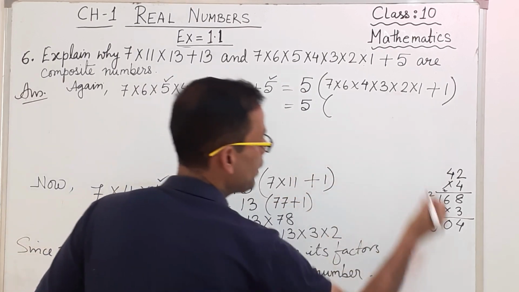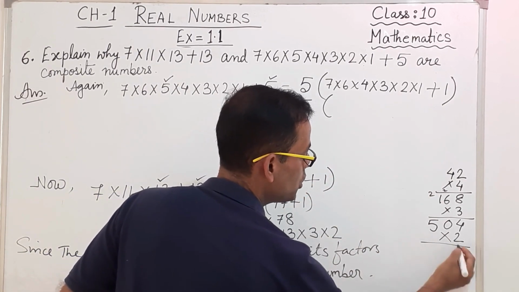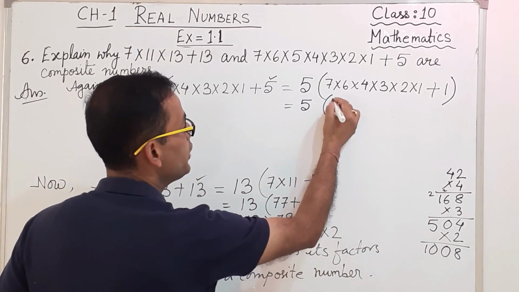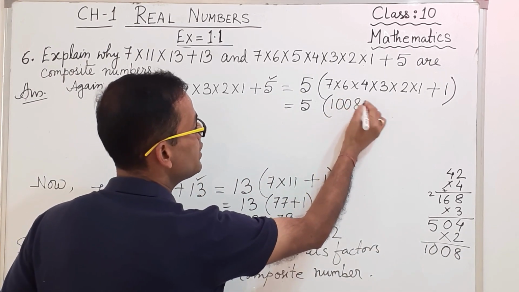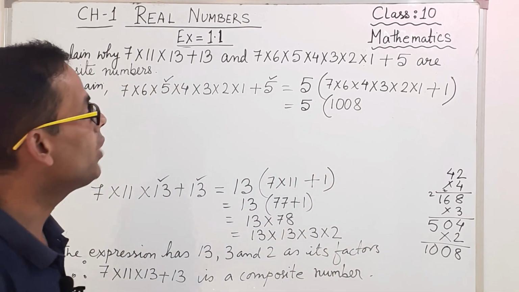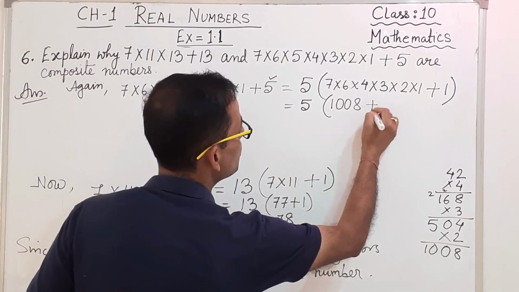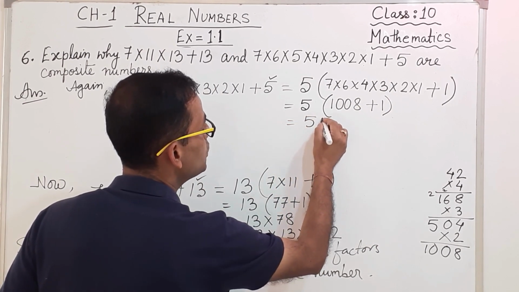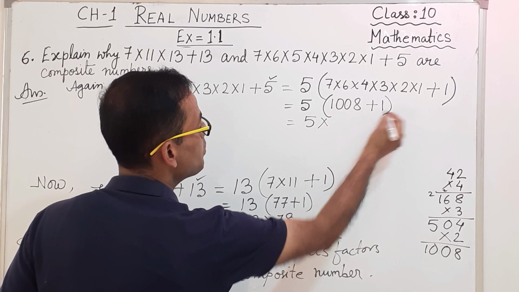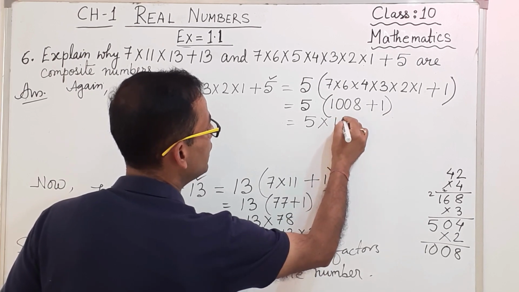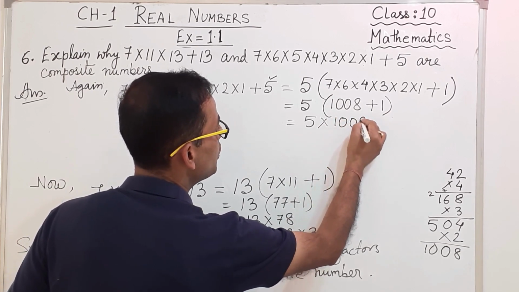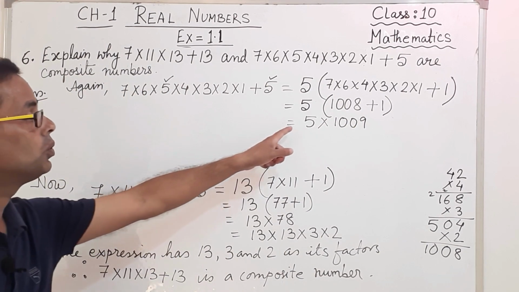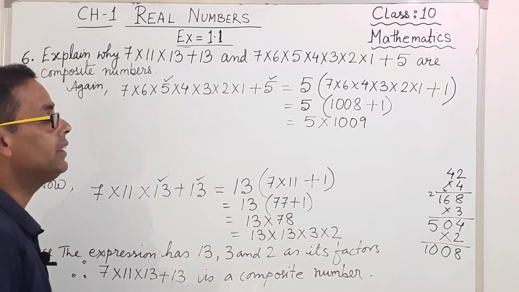Then again we will multiply with 2. So 2 4s are 8, 2 zeros are 0, 2 5s are 10. So what you get? 1008. Into 1 means the same thing, 1008 plus 1. So what you get here? 5 into 1008 plus 1 is what? 1009. Clear?